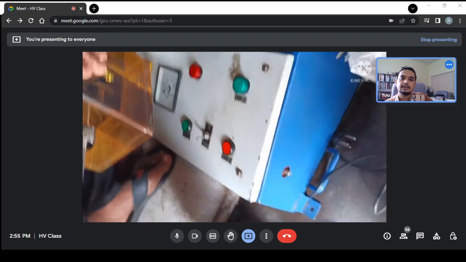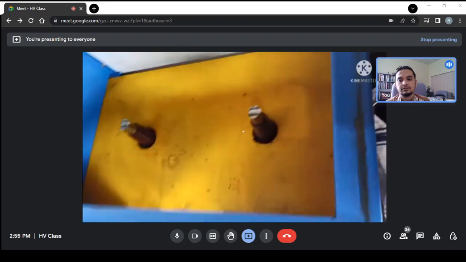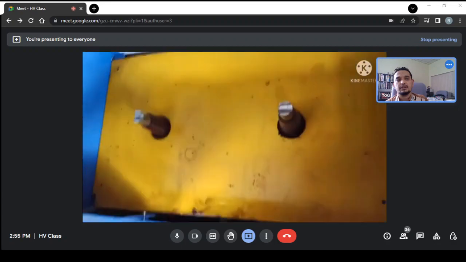Now we will take the transformer oil into the test rig. We will place the small box with the mineral oil between these two electrodes, and these two electrodes will be connected to the high voltage and the ground. Where is the circuit?